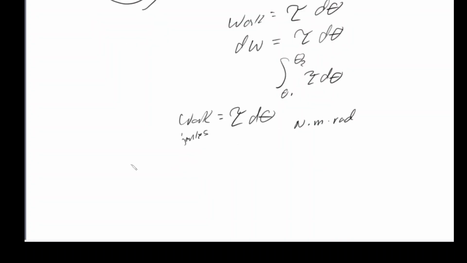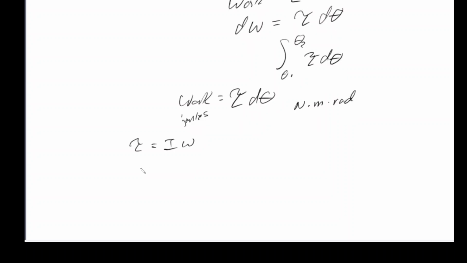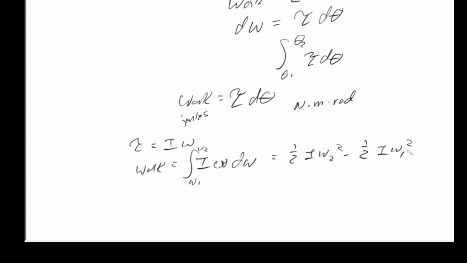We also know that torque is equal to inertia times angular acceleration. So we can say that work is equal to the integral of I omega d omega from omega 1 to omega 2, which is equal to 1/2 I omega 2 squared minus 1/2 I omega 1 squared.